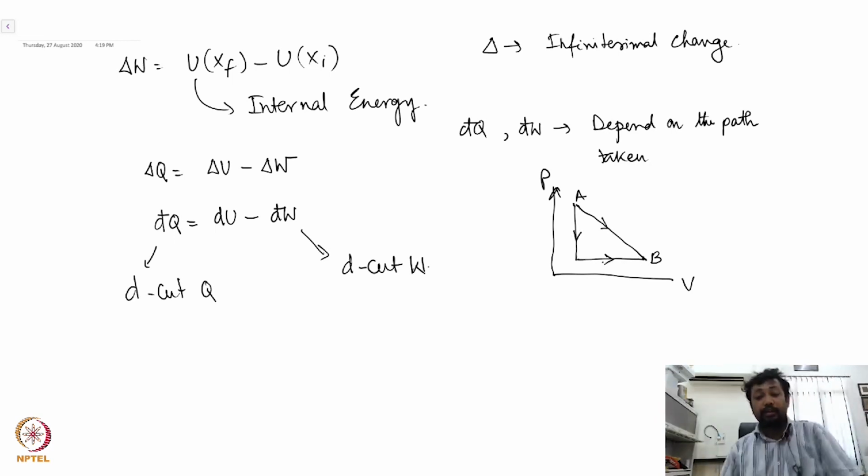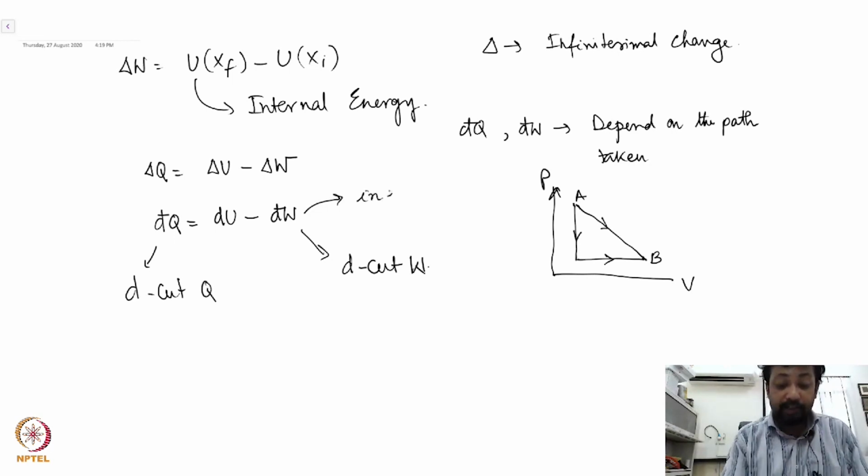So therefore, this essentially tells you that these are path dependent quantities, and the quantities which are path dependent are what are called inexact differentials.